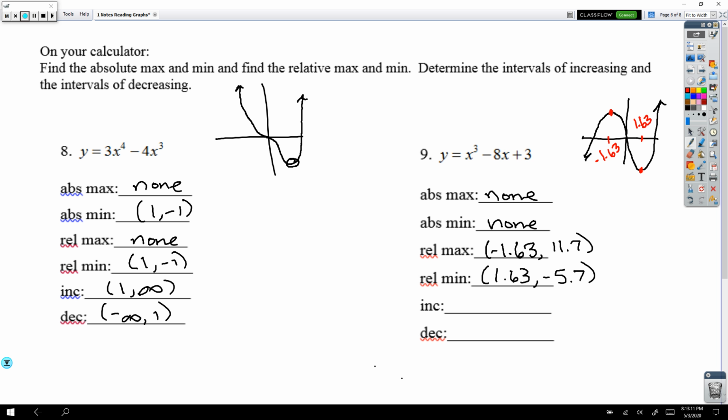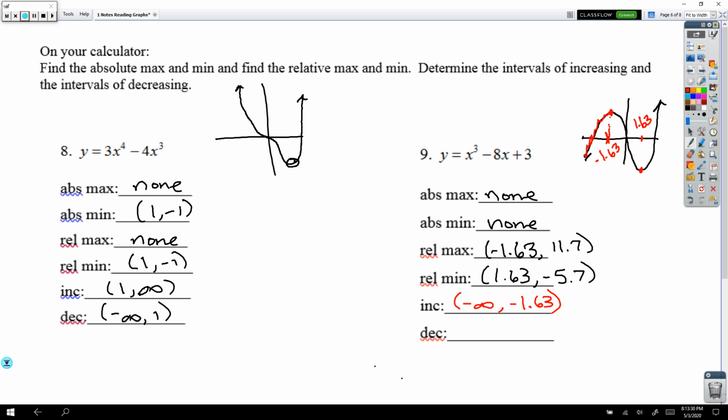So if you want, you can flip back to the graph. I'm going to do it from here, though. So starting on the left side, I'm increasing on the left side to negative 1.63. So negative infinity to negative 1.63.